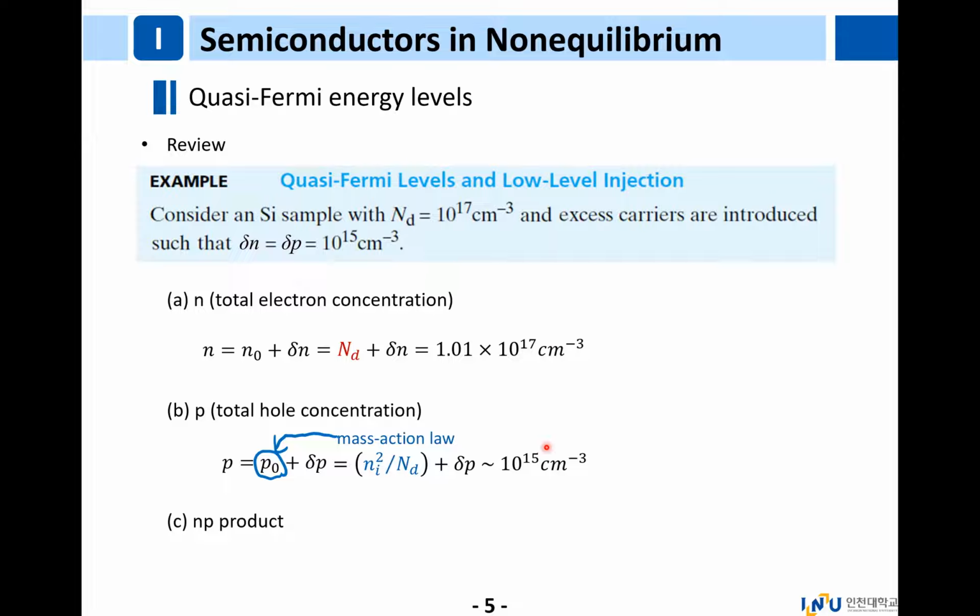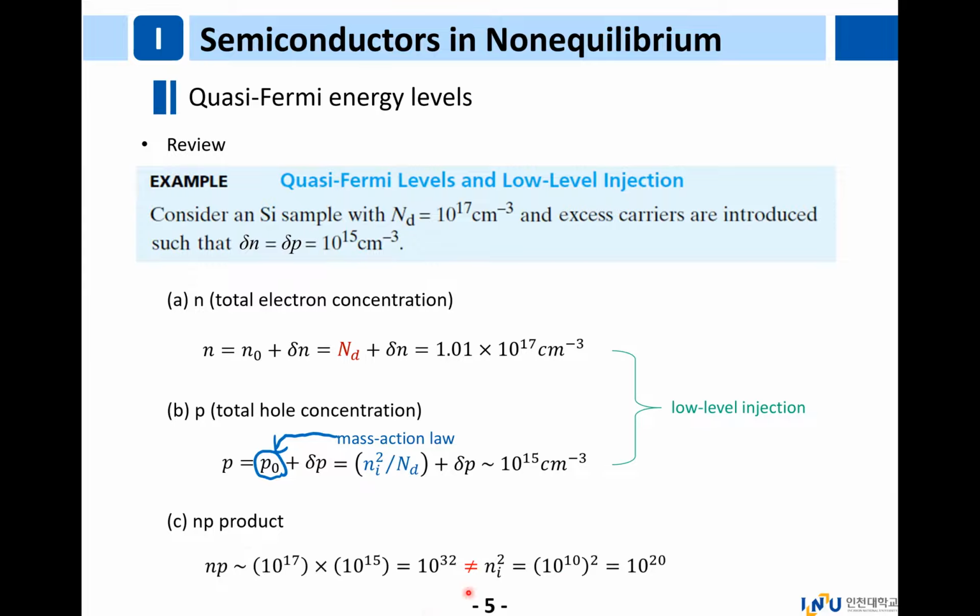So this situation also indicates low-level injection. Therefore, when multiplying the electron and hole concentrations, we get a value significantly different from Ni squared. Now, let's find the quasi-Fermi level in this scenario.